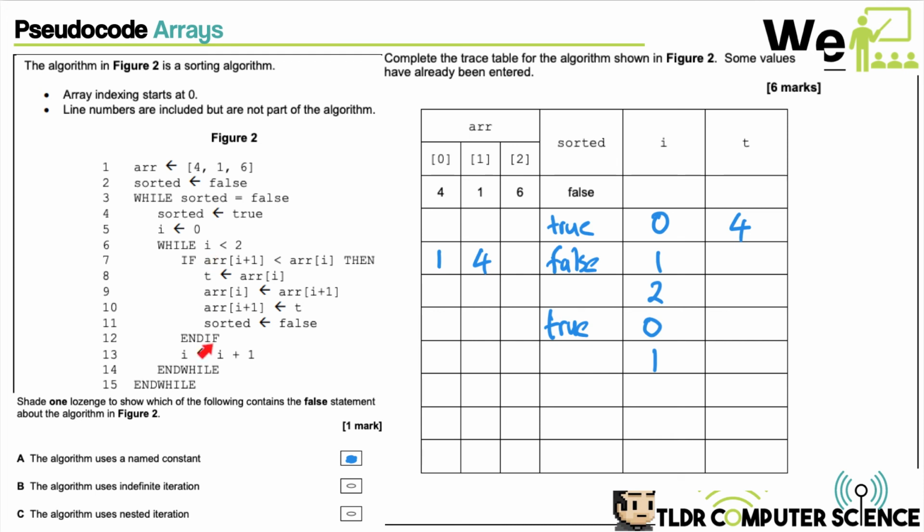So we don't do any of that. I plus 1 becomes 2. Is 2 less than 2? No. So while loop terminates, come back here. While sorted is false. Is sorted false? No, sorted is true. And then it's going to end while. And you can see here what's happened is that it's become 1, 4, 6. So it's actually sorted the list.